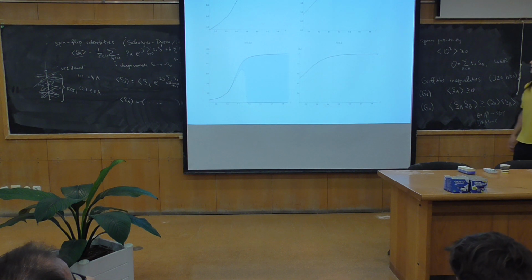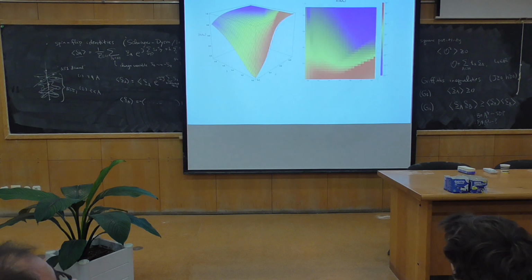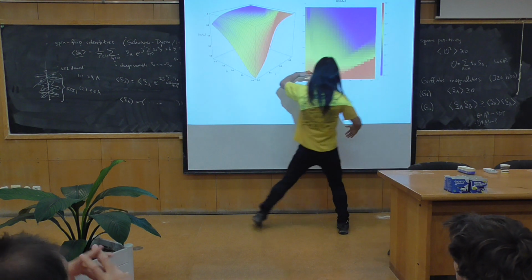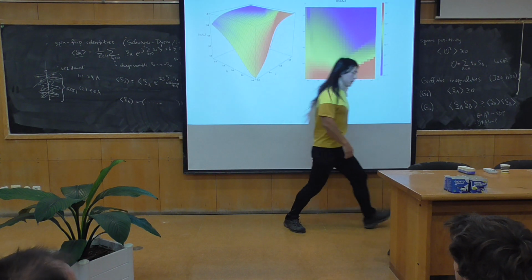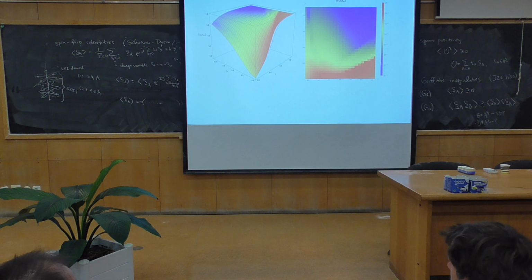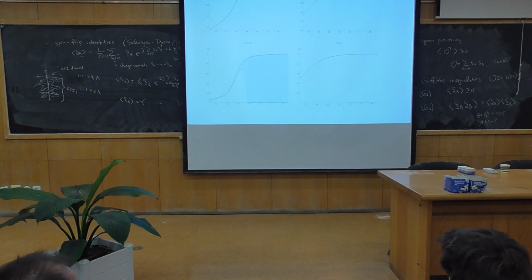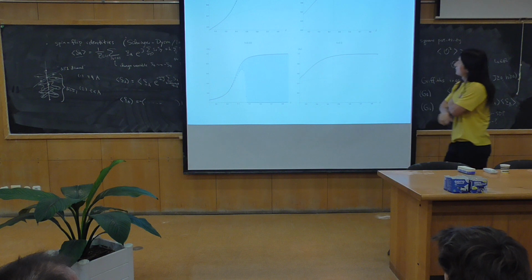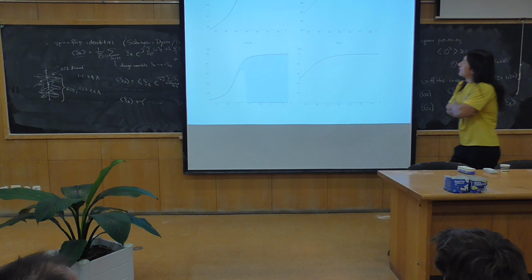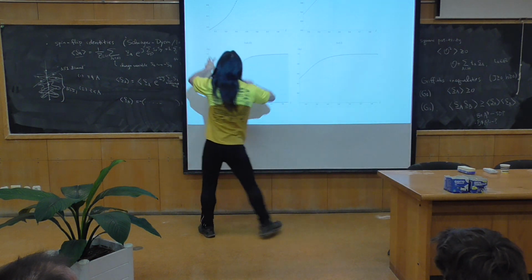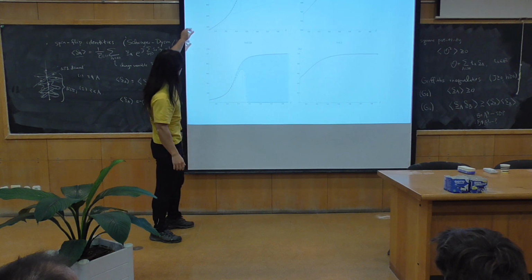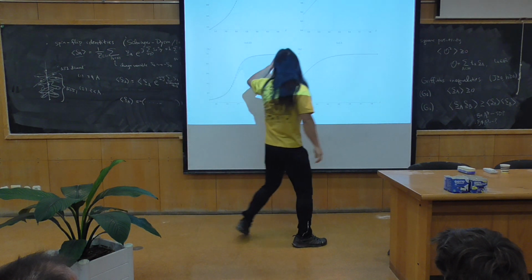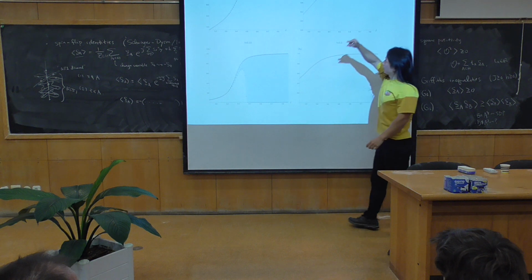Now, if I look at a slice at fixed h, so I fix h and go in that direction, here are a couple of sample values of h, and you can see some qualitative differences. On the left-hand side, h is small, 0.03. On the right, h is 0.3. The top two are still the nearest-neighbor spin correlator, and the shaded blue region is between the upper and lower bound.